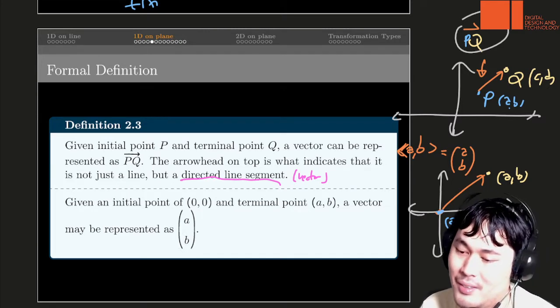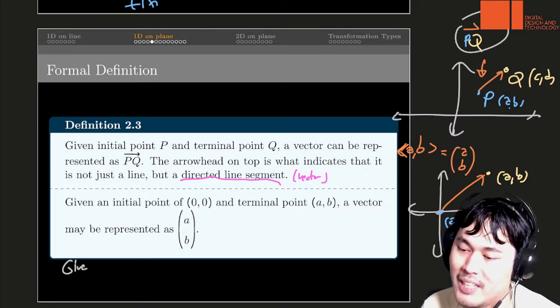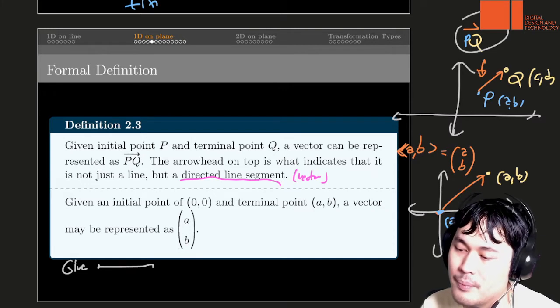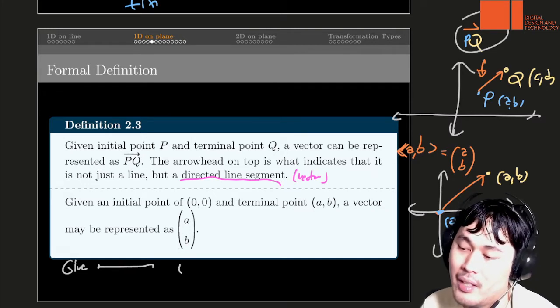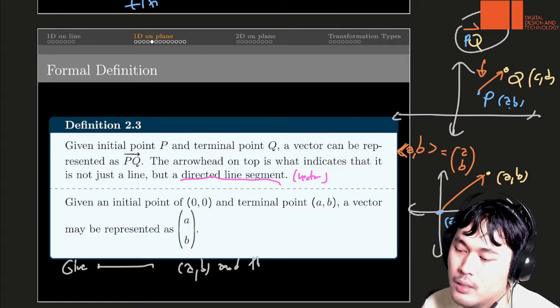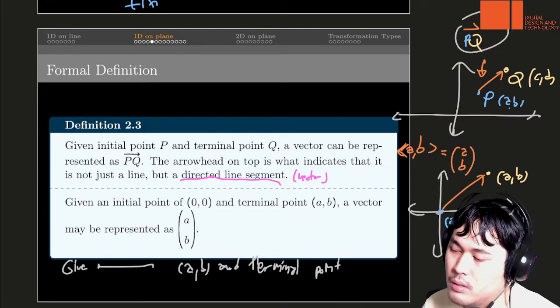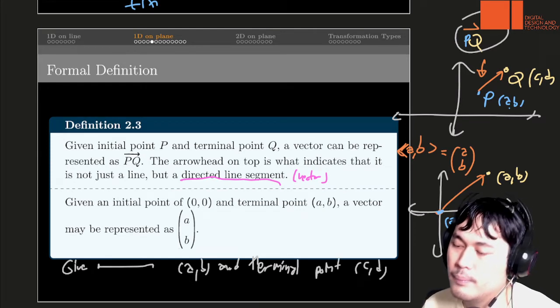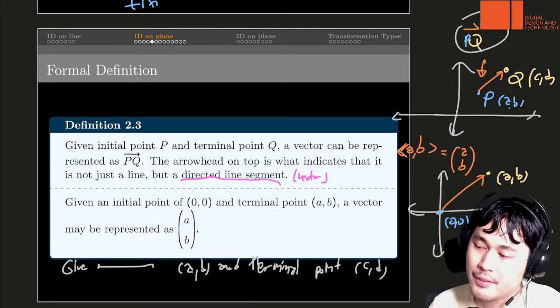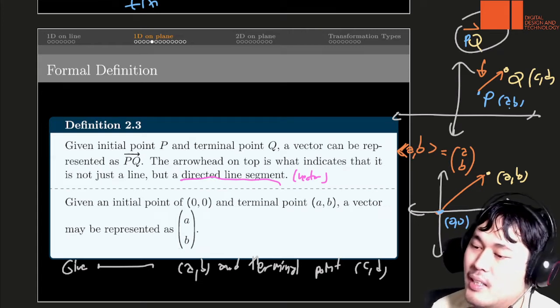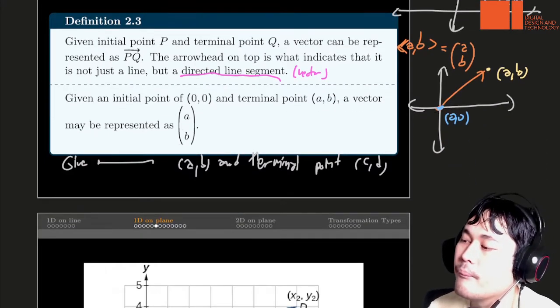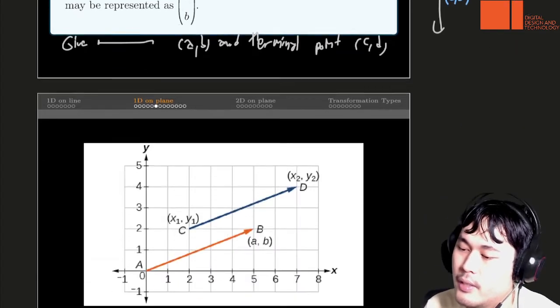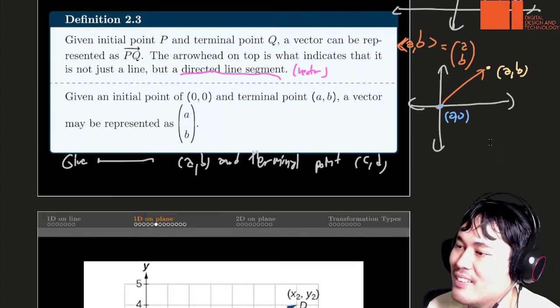And lastly, this is not in the slide, but I should also add, if instead you are given an initial point (A, B) and a terminal point (C, D). So now let's say that you move to any other point on the plane. There's a formula there.